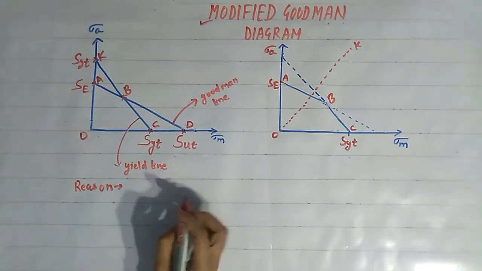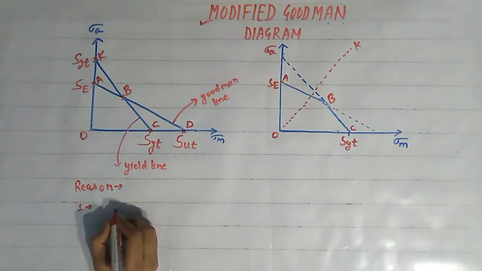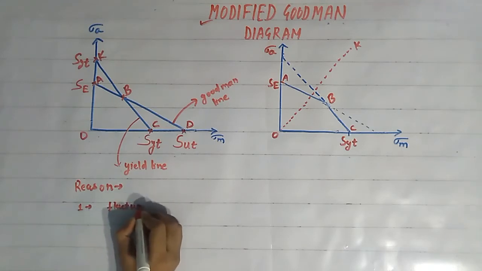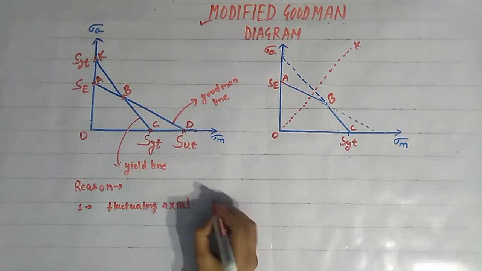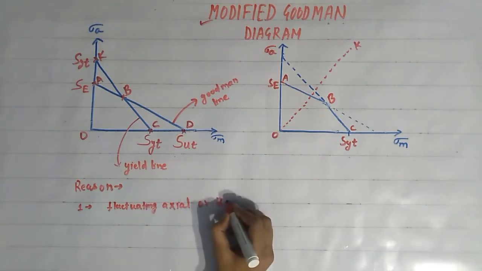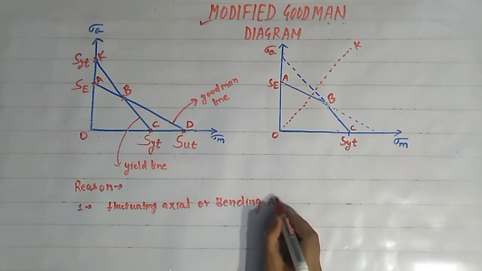The first one is for the components which are subjected to fluctuating axial or bending stresses.